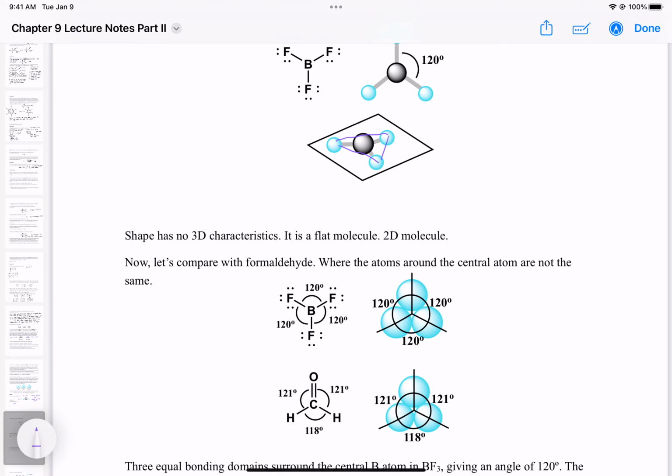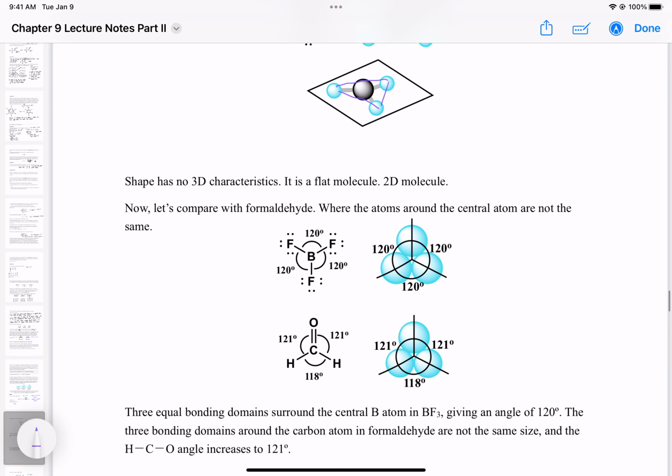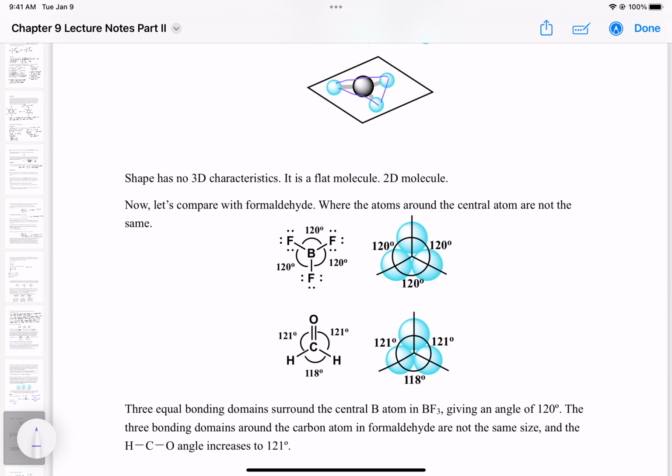And the reason is that the bond lengths in formaldehyde are not the same. Since the oxygen has a double bond, those electrons are going to be closer to carbon, and it's going to push the electrons from hydrogen further away.